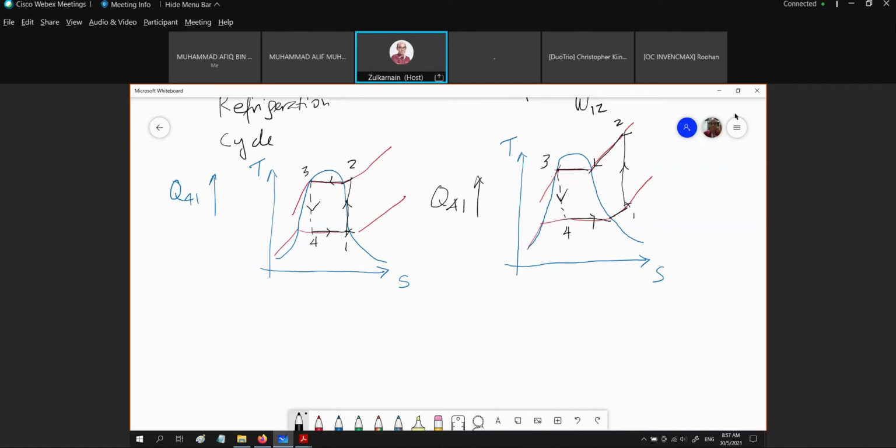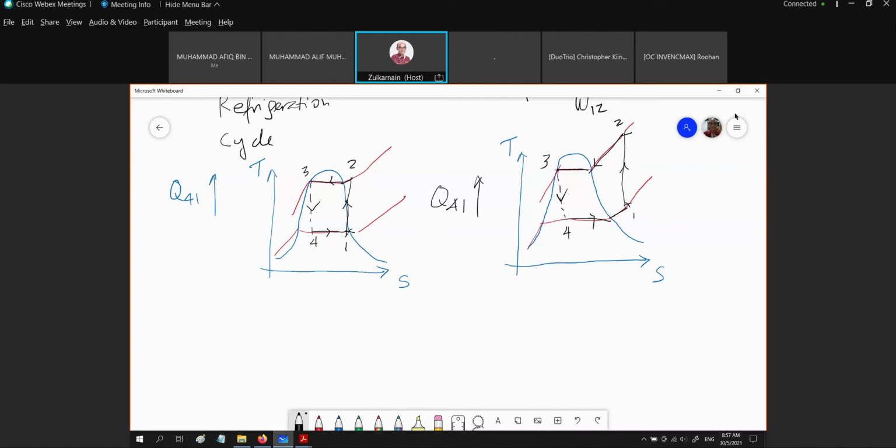So now we can see that from 4 to 1, by increasing from saturated vapor to superheated vapor, we are going to have more Q for 1. But we are going to reject more heat. We are going to input more work. So with more work in, we are going to have more Q absorb.